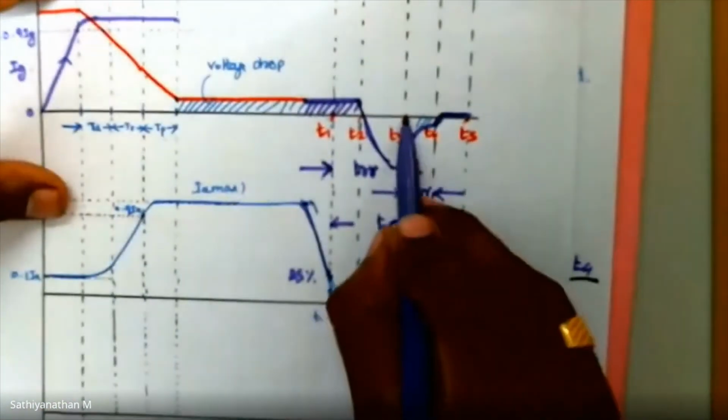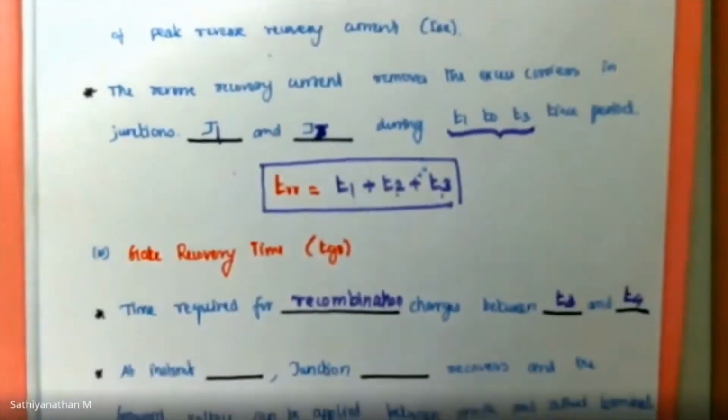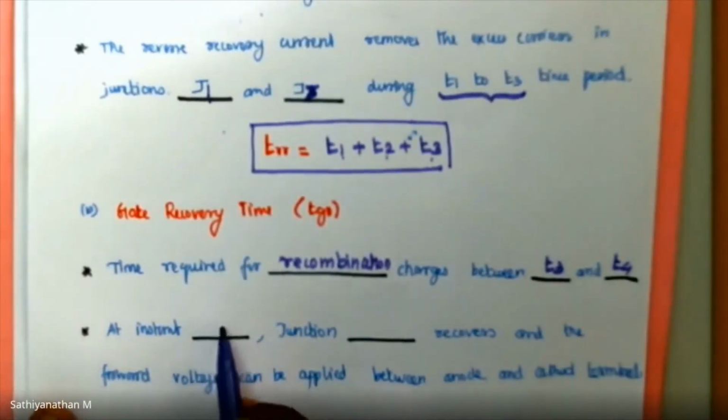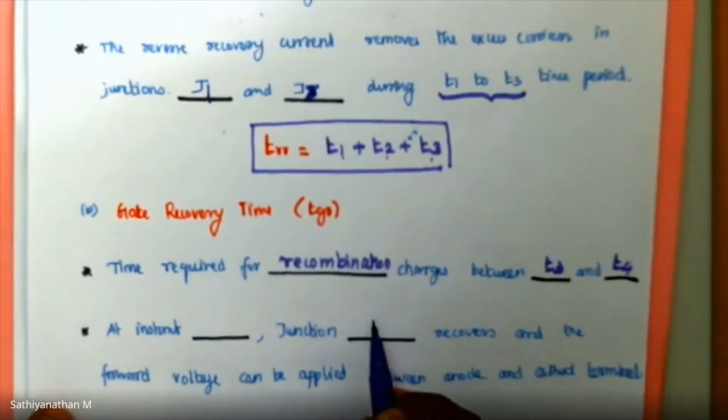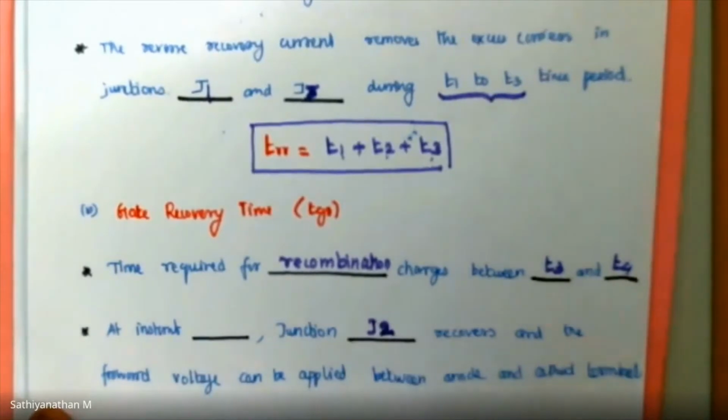During T3 to T4, you are providing a minimum time to recover or recombine the charges at the junction J2. So the ultimate aim is that we need to recover the charges at the junction J2. We need to increase the depletion layer width, and it takes some time for recombining the charges at J2.